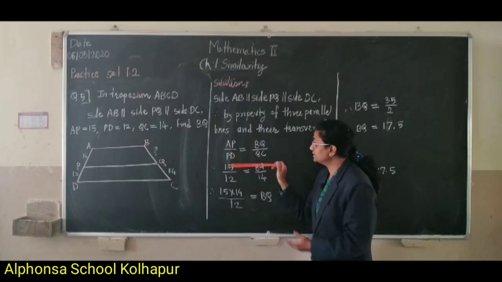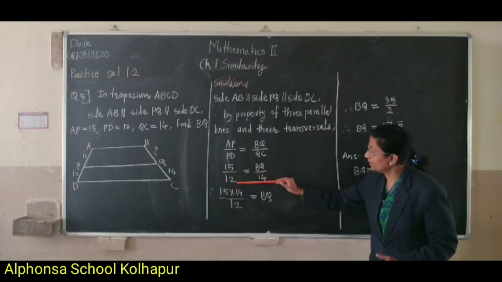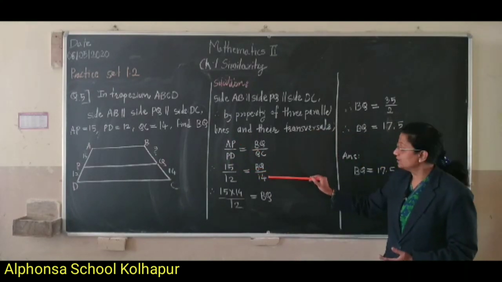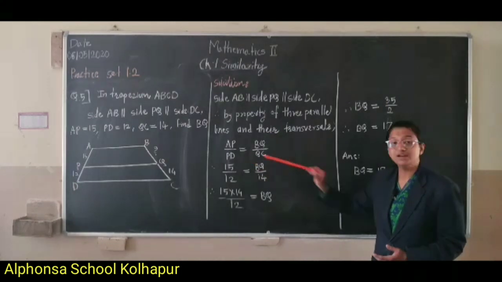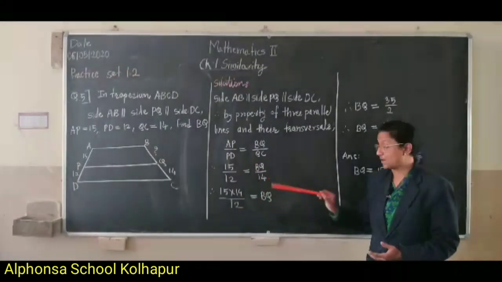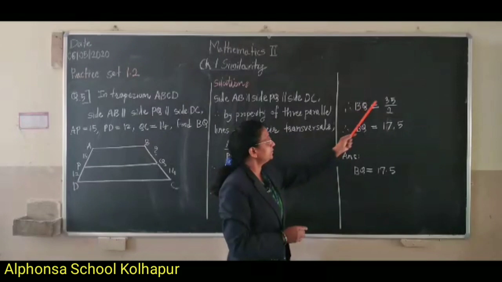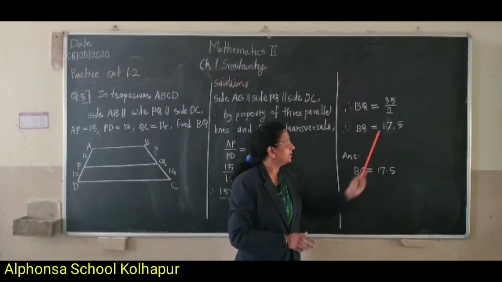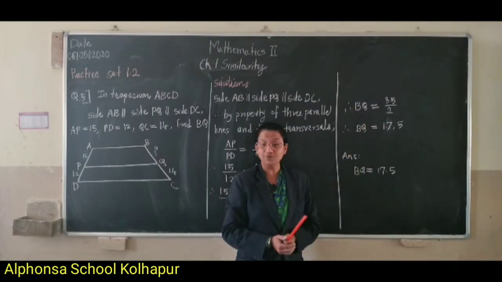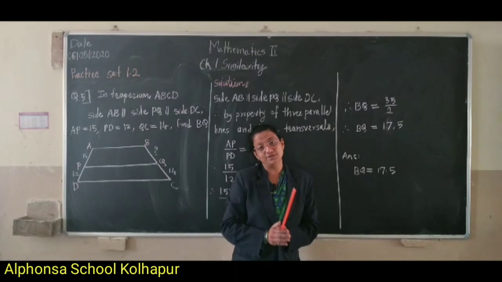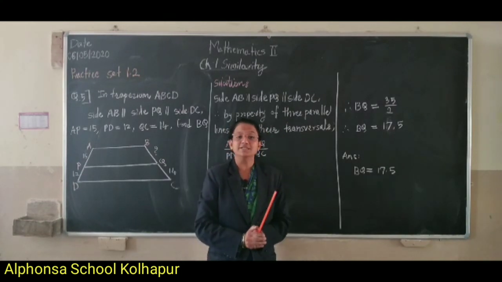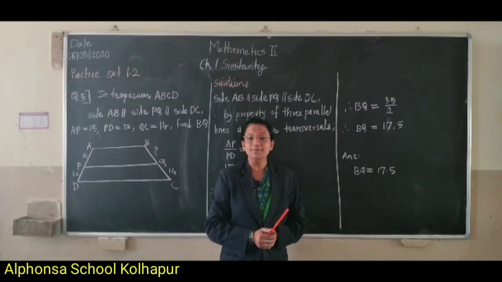So, all those measures we write here. So, 15 upon 12 is equal to BQ upon 14. Just we shift this 14 to the left hand side and we cut the common factors. We get BQ is equal to 35 upon 2, means BQ is equal to 17.5. So, the final answer is BQ is equal to 17.5.